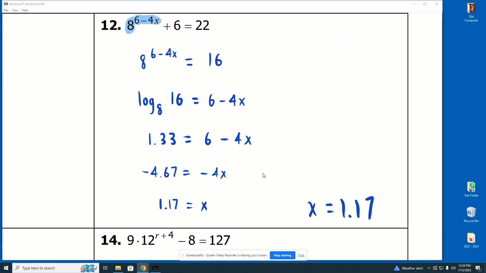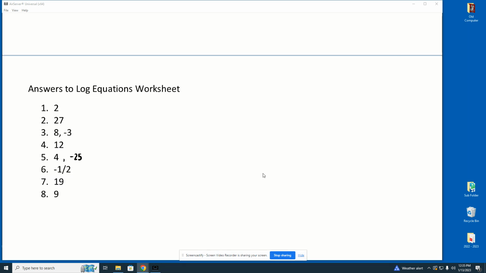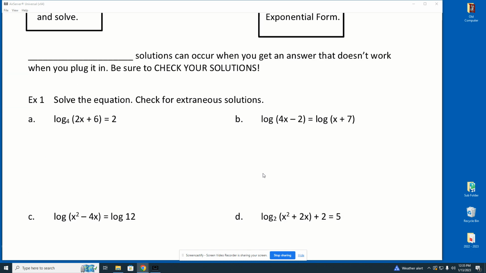So the front's the notes. We're going to do all the examples. So if you're struggling or confused about any of them, we'll go through it. But the back is the homework. Okay? Should be an easy day for you. And that will conclude the connection that we've been talking about with logarithms and exponential equations.